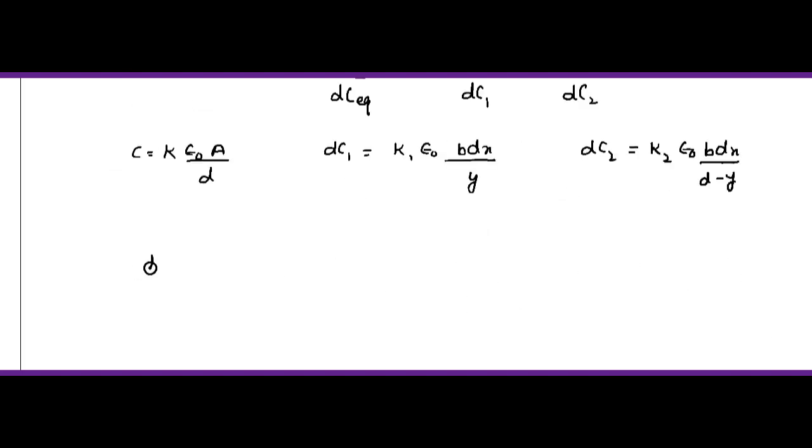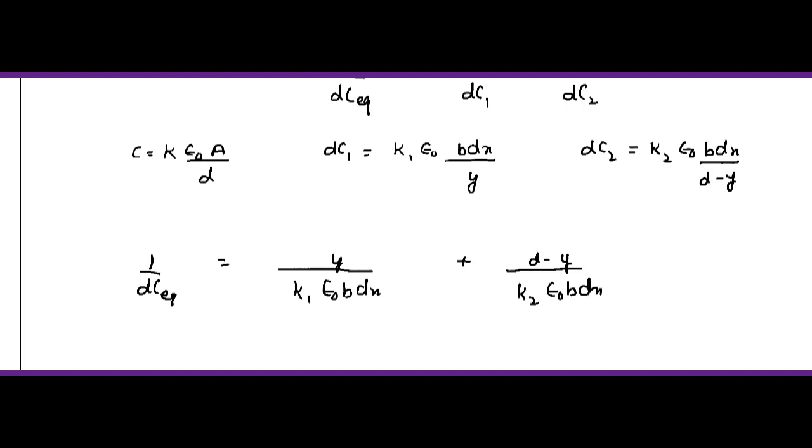So it would be 1 divided by dC equivalent equals y divided by k1 epsilon b dx plus d minus y divided by k2 epsilon b dx.